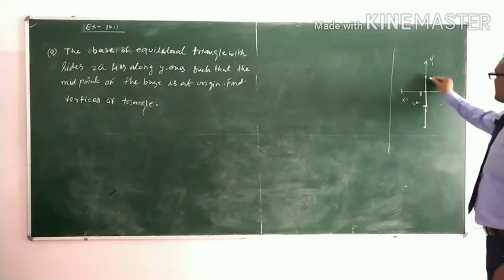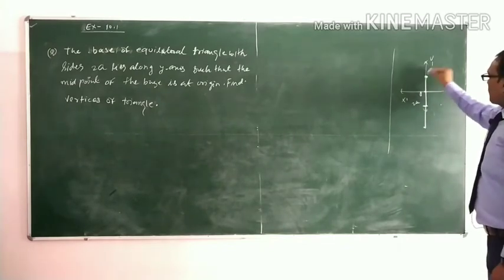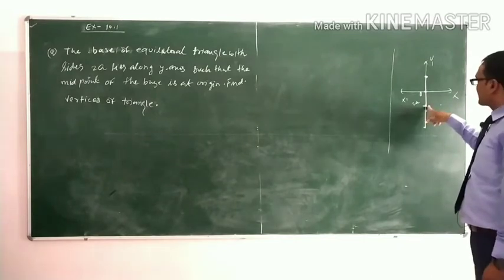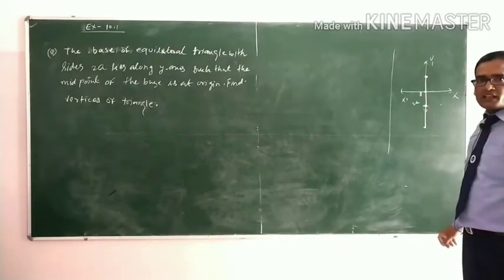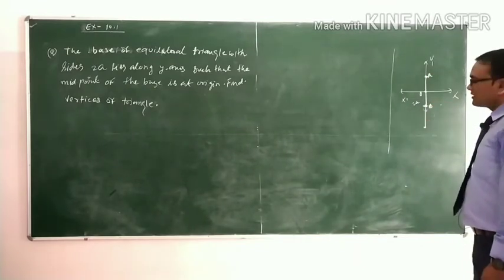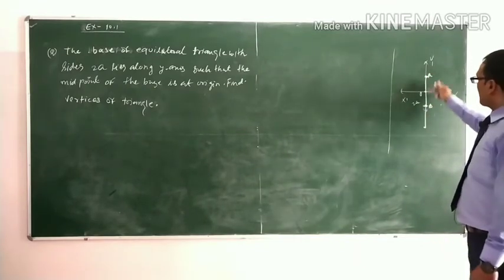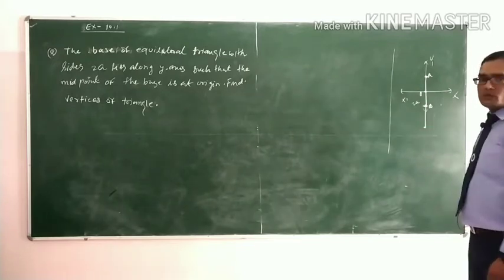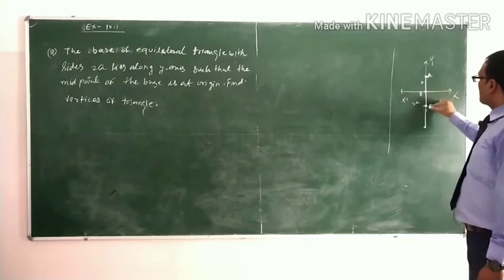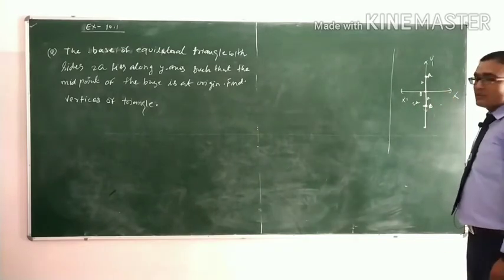Okay students, here one vertex and here second vertex of the equilateral triangle. Suppose that this is A and this is B, and midpoint of AB is O, then OA and BO are also a.